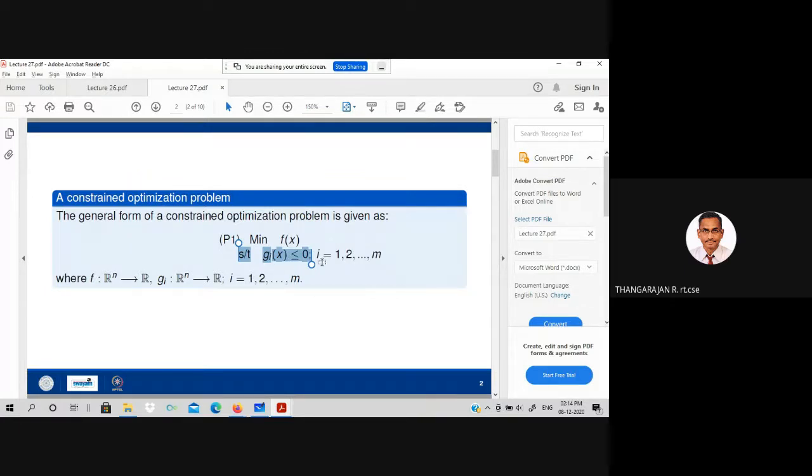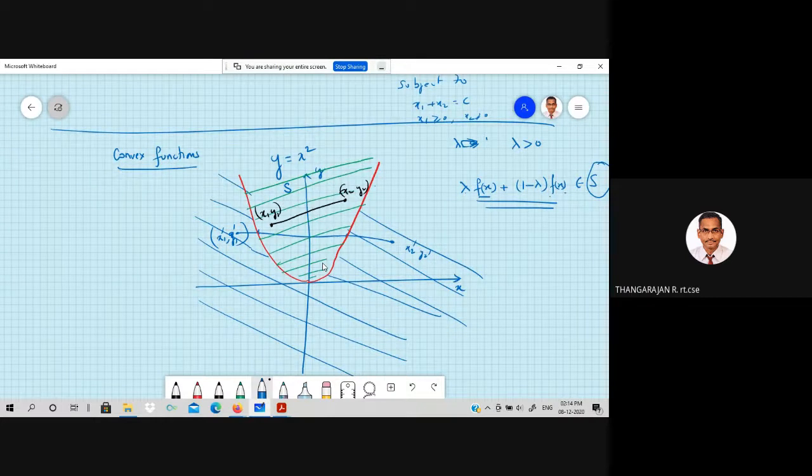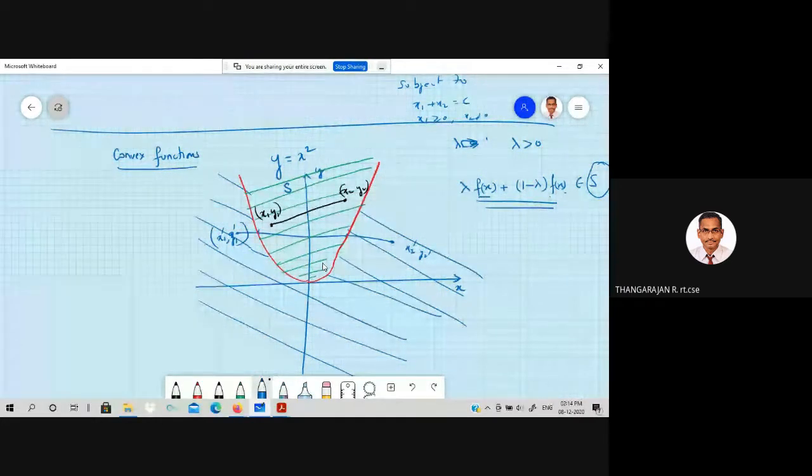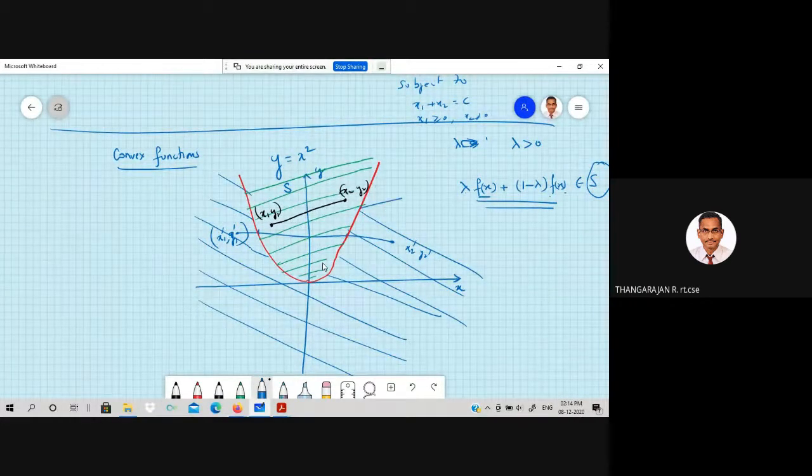Okay, so why have I put less than or equal to 0? Because when you look at this region, any point on this red line says y is equal to x square. Any point inside the region, if you take a point here, y is greater than x square.